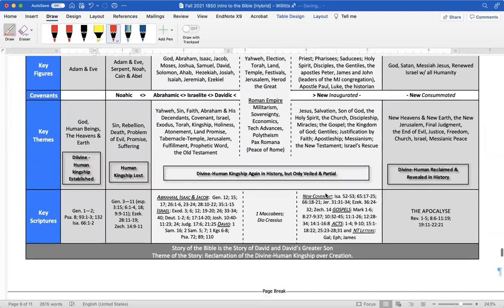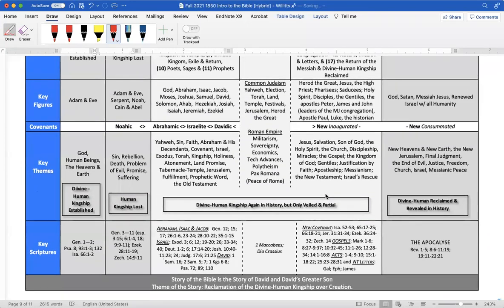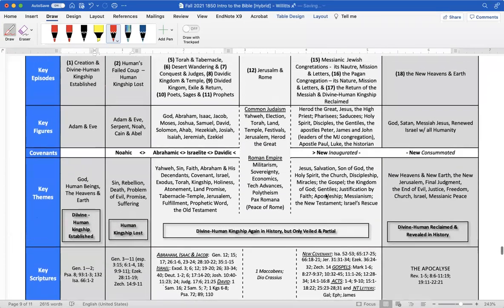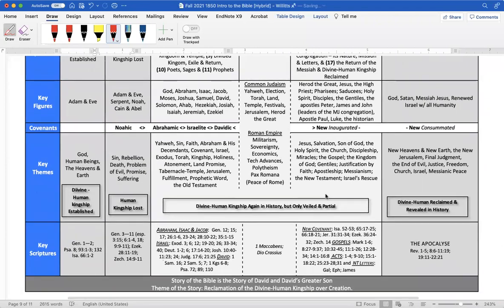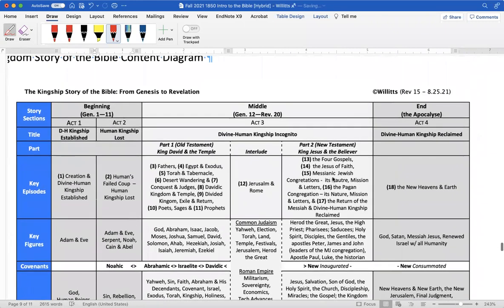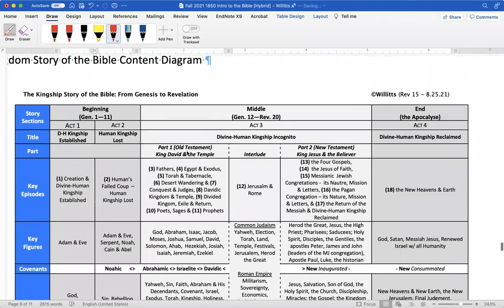If you look at the bottom box, you see I have two statements. One is that the story of the Bible is the story of David, King David, in the Old Testament, and King David's greater son, Jesus of Nazareth. Here in middle Act 3, you have the Old Testament. King David is the key figure in the Old Testament.